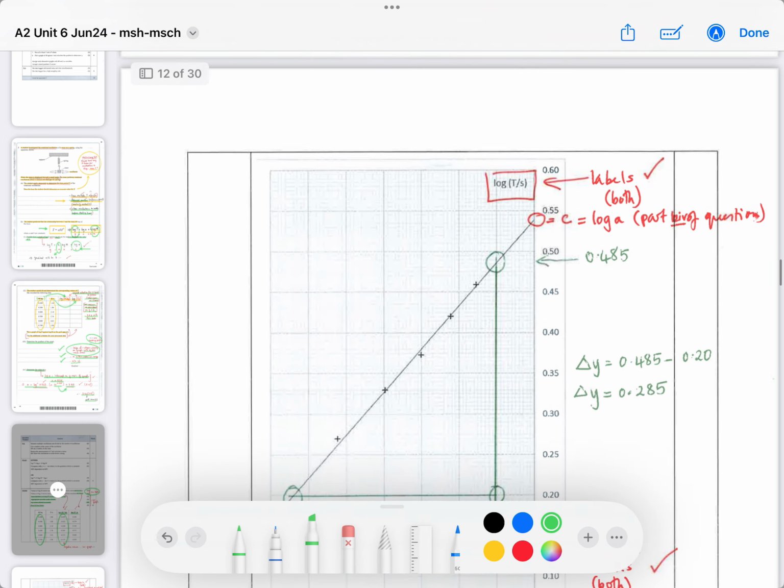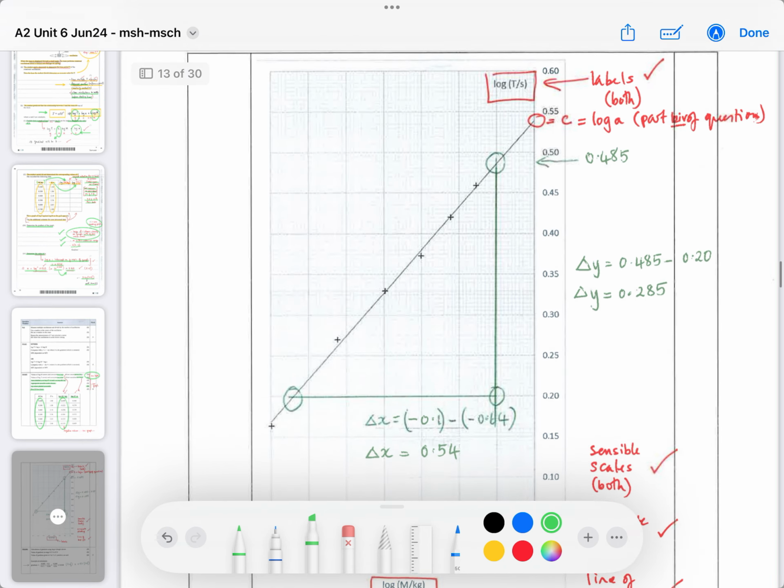Okay. So this is the examiner's graph. Obviously it's a bit smaller than yours, but it's sufficient for this run through. So you see the labels I'm talking about, in brackets, log of time in seconds, period in seconds. So that's why the intercept is also going to be in seconds. Okay, that's the part of the question that we need to look at the end. Okay, so the gradient they used was from 0.485, what they determined it to be over here.